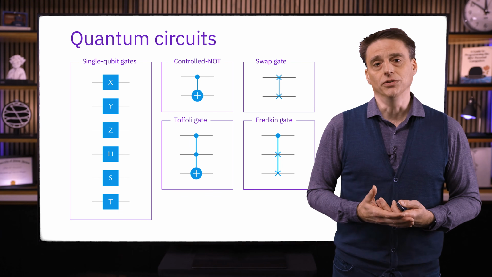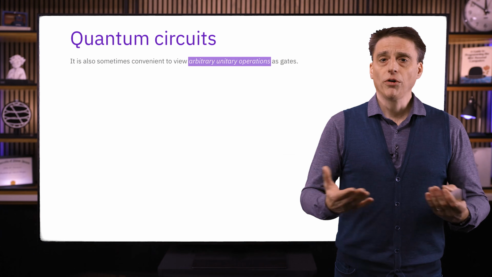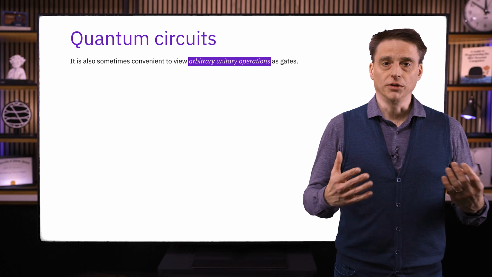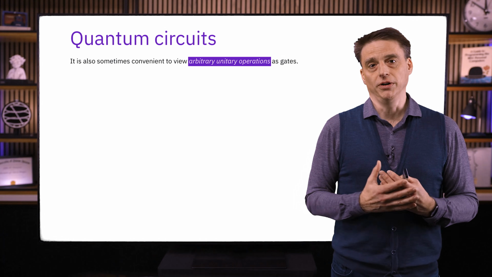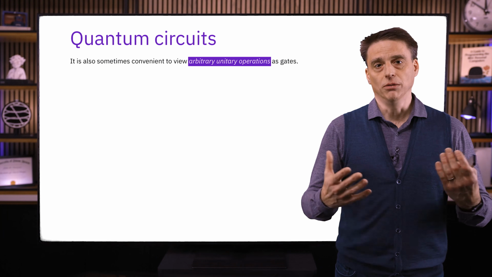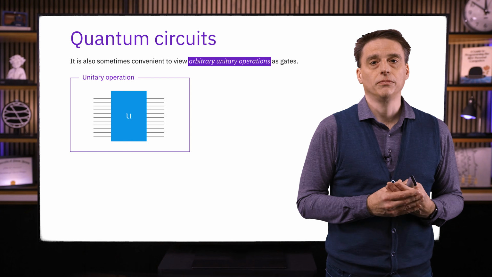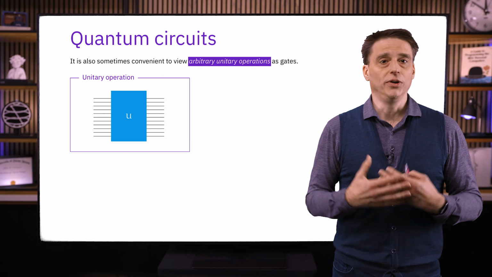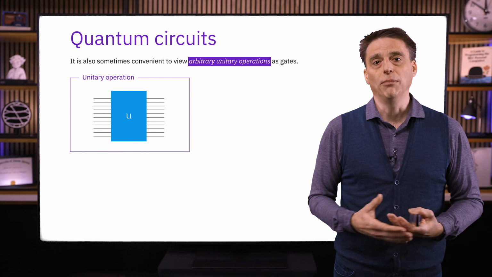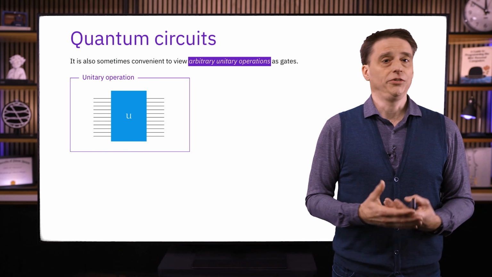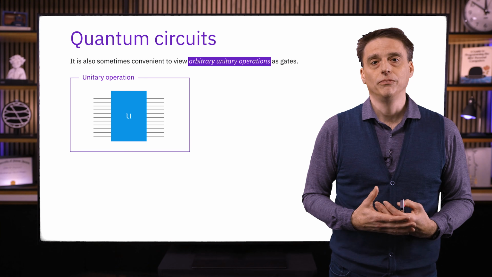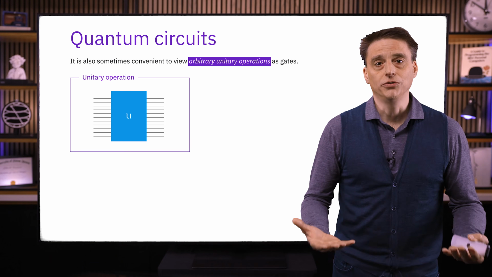One more thing that we often do when using the quantum circuit model is to view arbitrary unitary operations on any number of qubits as if they're single gates, like you see right here, just by drawing a rectangle with a label corresponding to whatever unitary operation it is. In this case, it's some unitary operation U. Of course, we don't know what U is from this diagram.